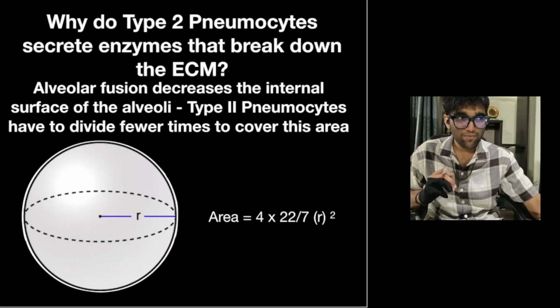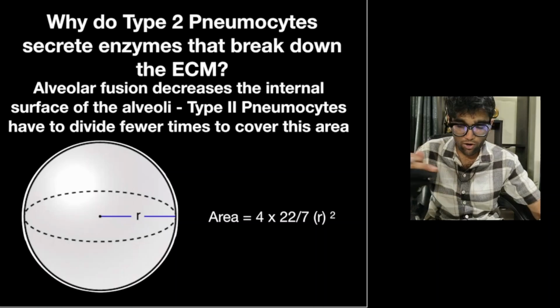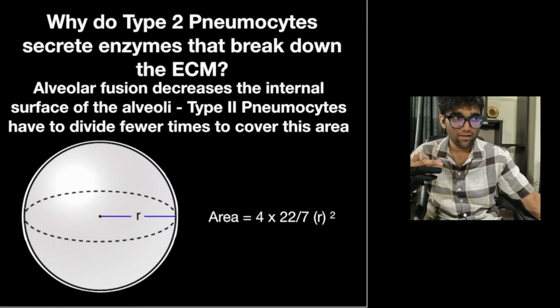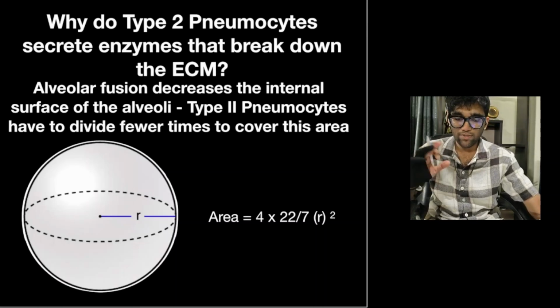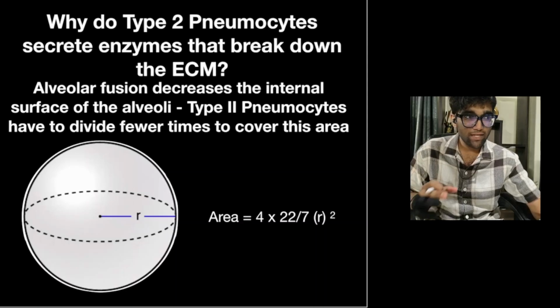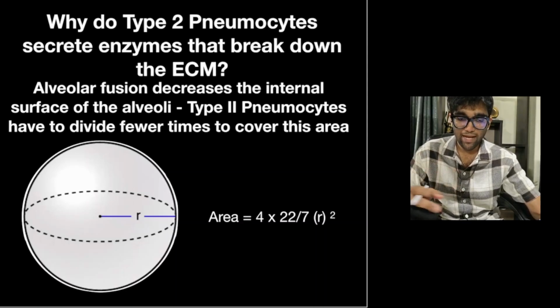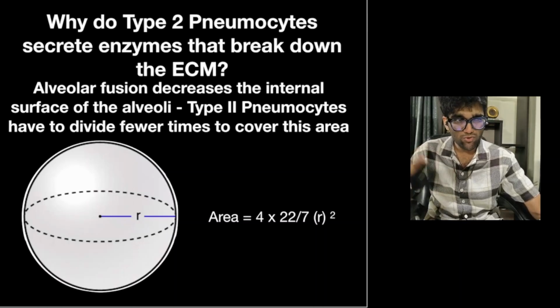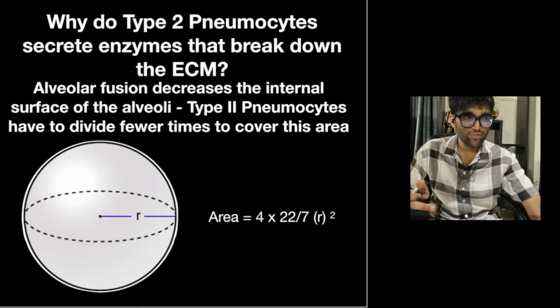Okay, so it is in the overall benefit of the organism for the type 2 pneumocyte to not reach its absolute replication limits, and to fuse a few of the alveoli. So a little bit of alveolar fusion is not going to cause much of a problem. So that is what happens.